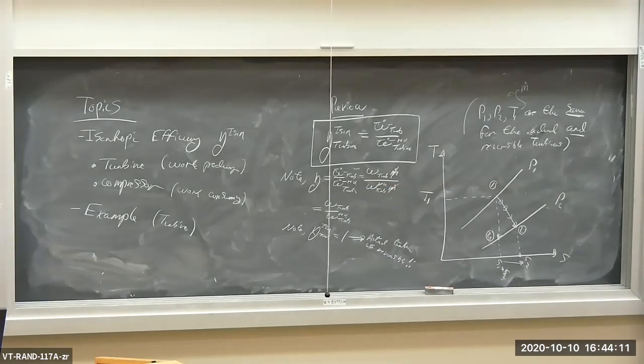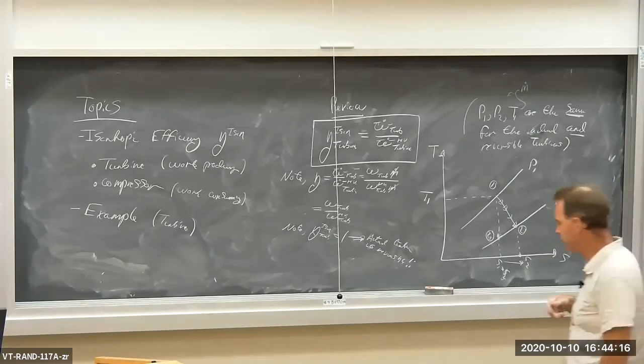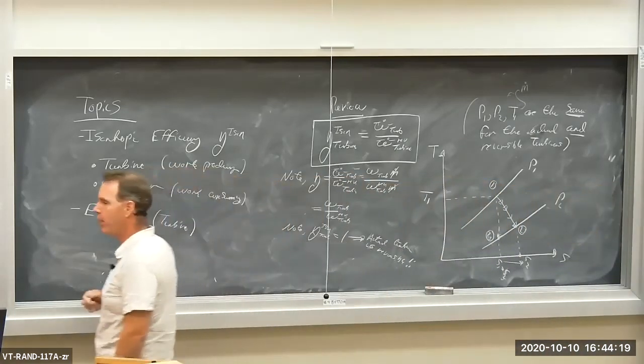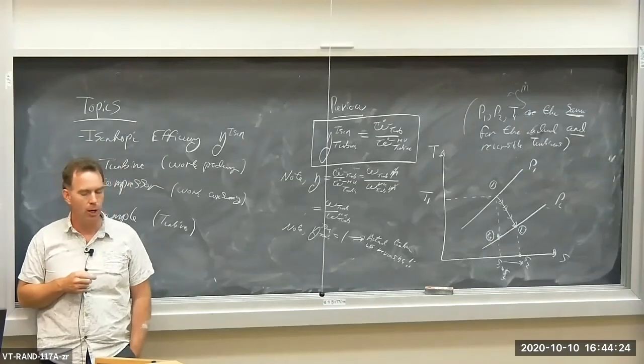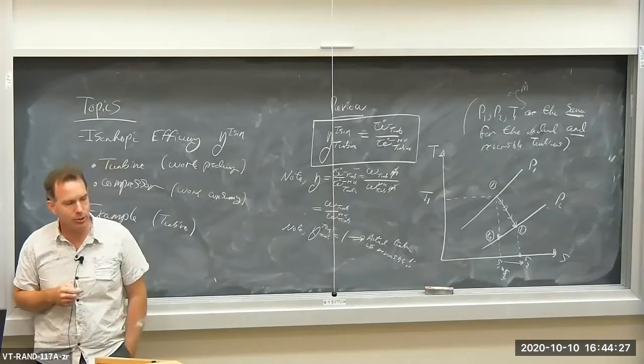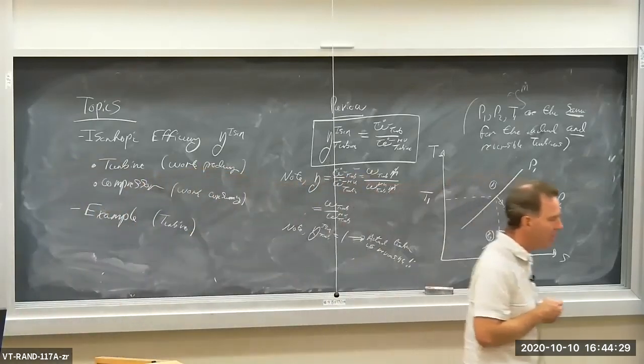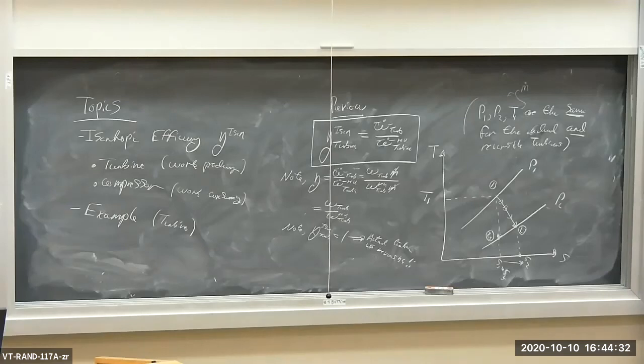Now, this isentropic efficiency is actually used in a lot of places. If you go to work for Pratt & Whitney, Rolls-Royce, GE, and you go into their compressor and turbine divisions and start working on their jet engines or power systems, you're going to be calculating, estimating, and using isentropic efficiencies to estimate the actual efficiency of the turbine or compressor inside your jet engine compared to the maximum possible or minimum possible works or powers for the isentropic or reversible devices.